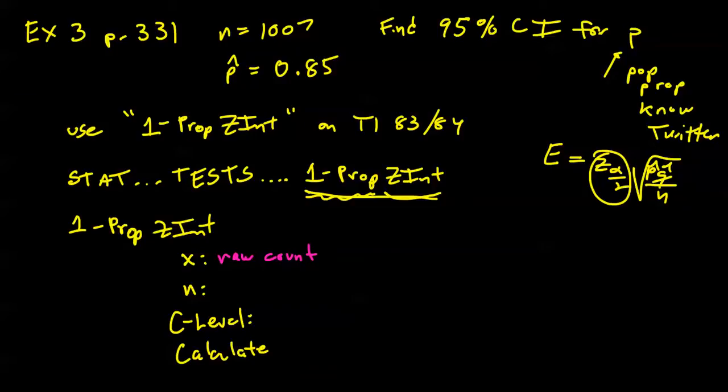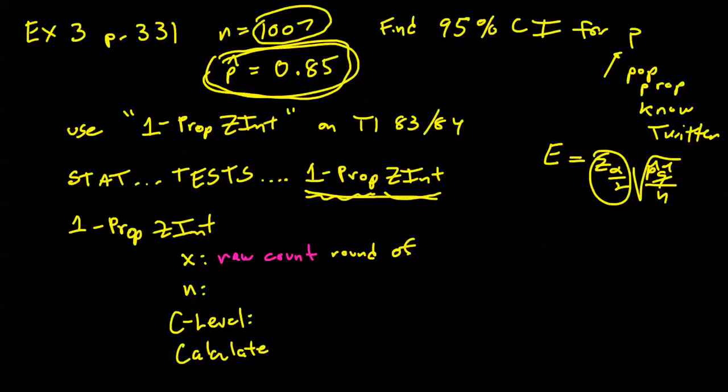Alright, for this particular problem, we don't have a raw count. We have a percentage or proportion of this sample that recognizes Twitter. So the raw count here is going to be the round of, if 85% of the population recognizes Twitter out of 1,007 people, I'll take 0.85 and multiply it by 1,007, and round to the nearest integer.